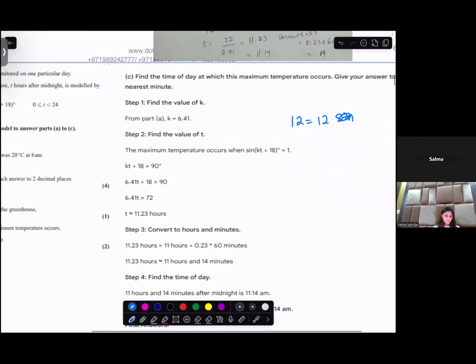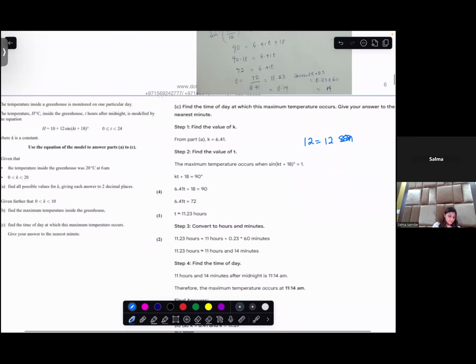So I know my equation. I want to find the time of the day when the temperature is 22 degrees. I know that this is going to give me time. So when this bracket will be 90, sine 90 is 1.